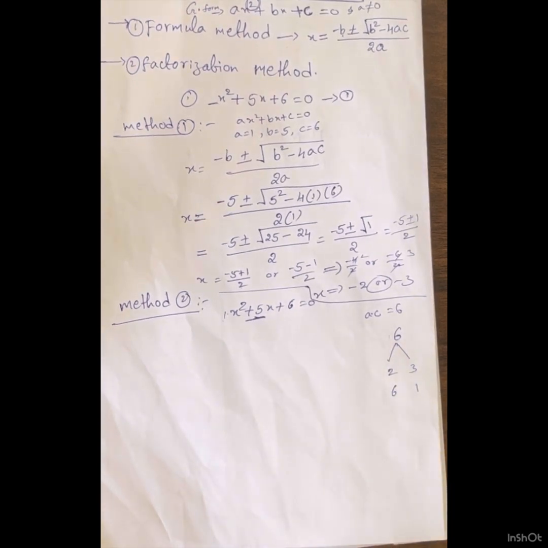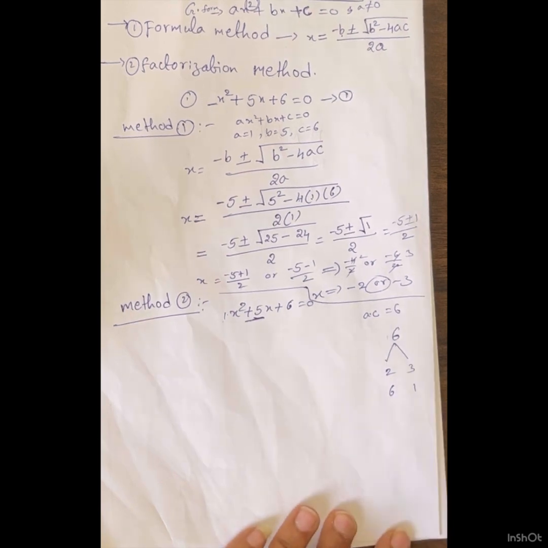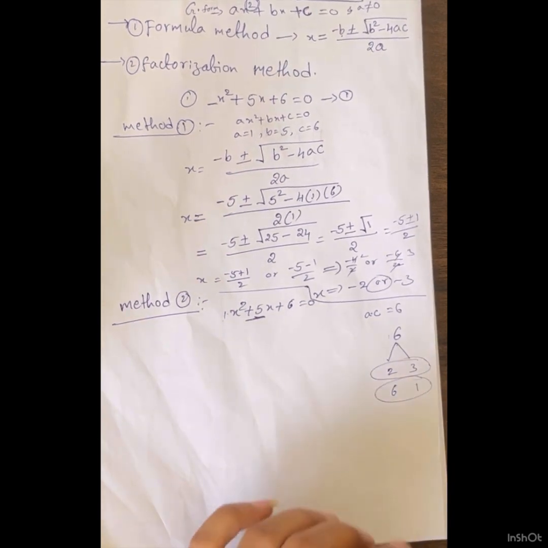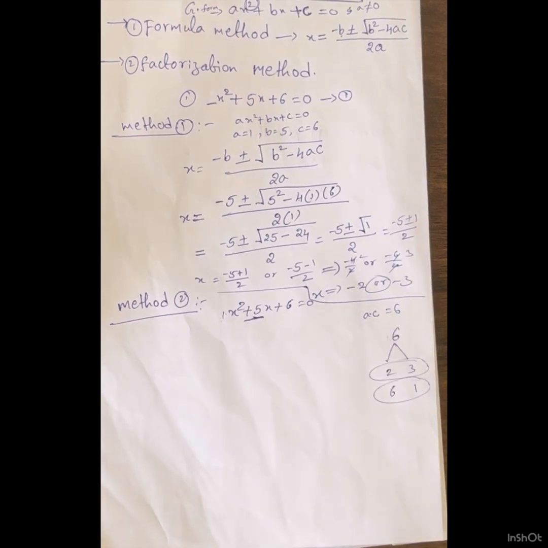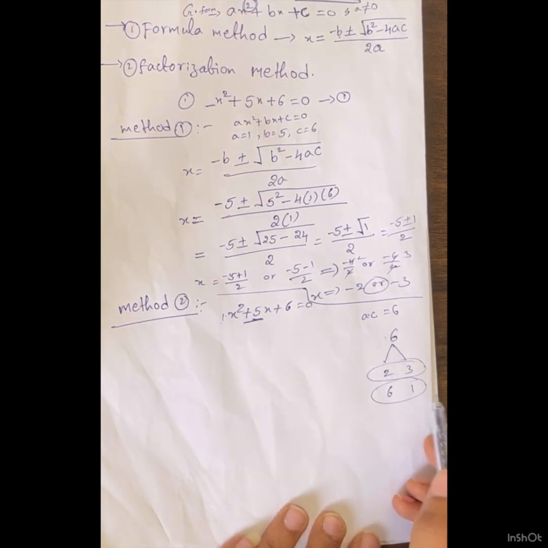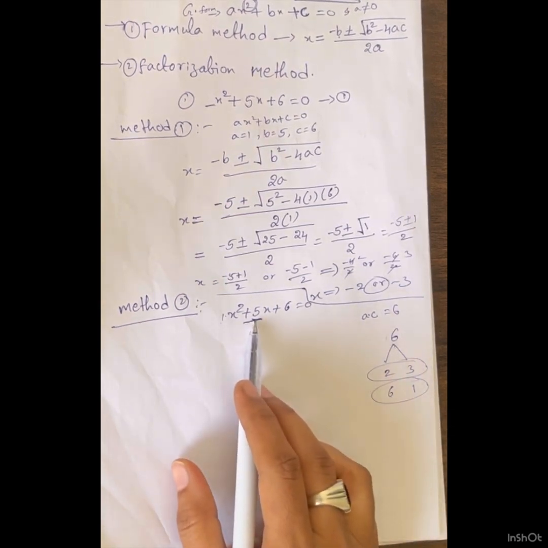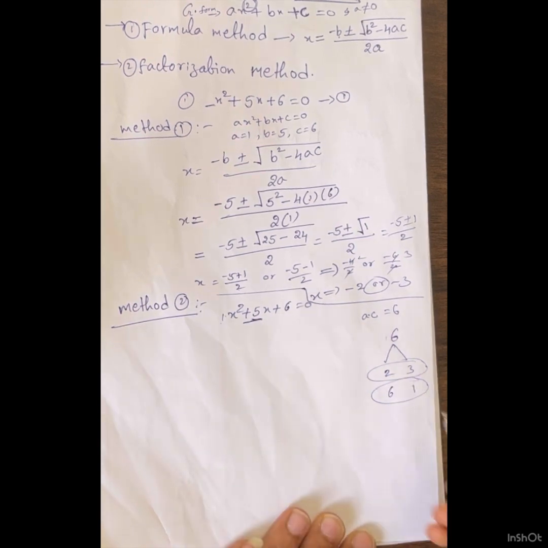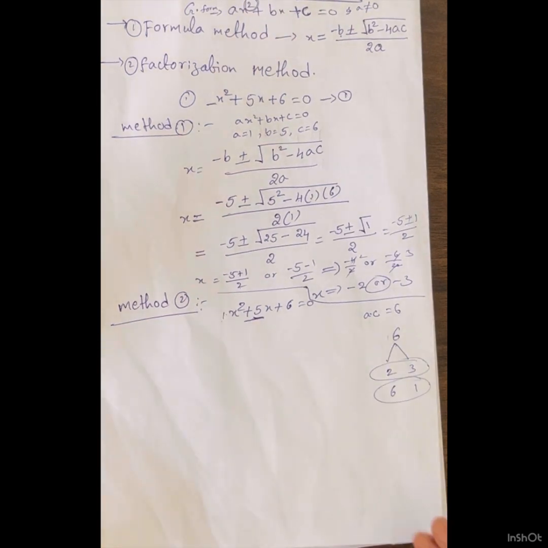After adding or subtracting any set of factors, you must get the value B. And then next, multiply the same factors, you get 6 or not. Okay, that is the way to do.